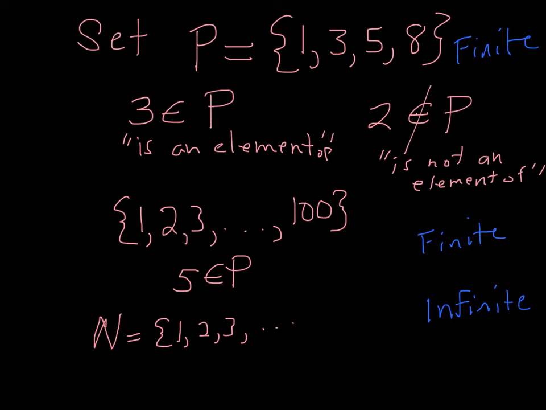But there's no end number. It doesn't stop at 100. It keeps going forever. And the way we show that is we just put a closing bracket here with no end number. And again, I may want to use this notation and say the number 100 is an element of N, the natural numbers.